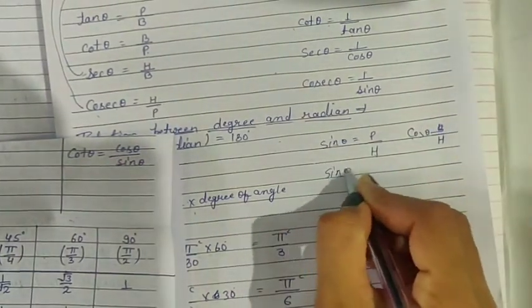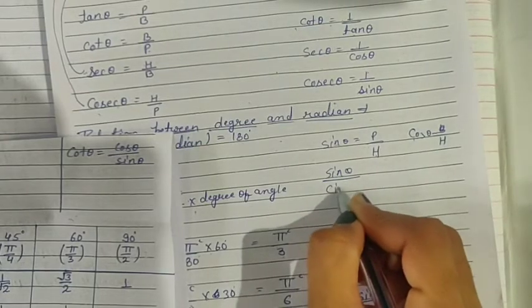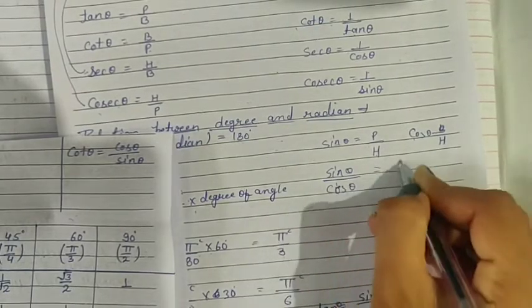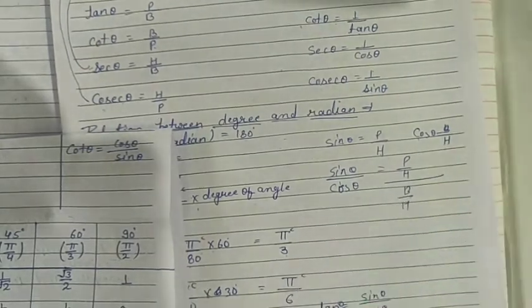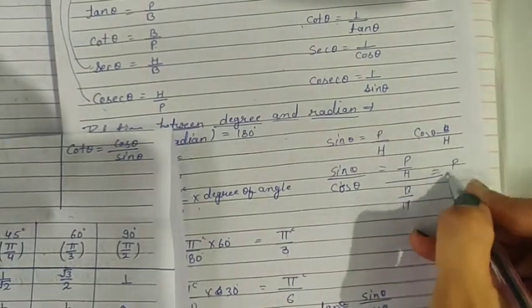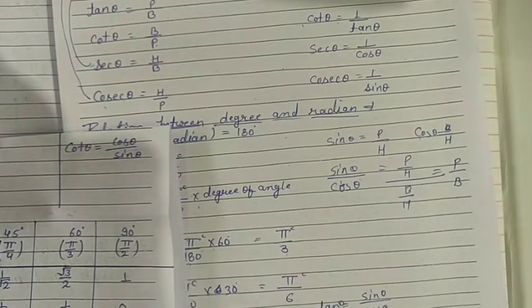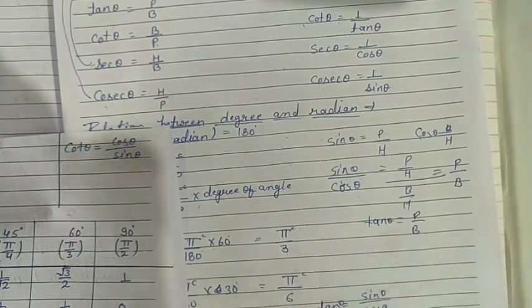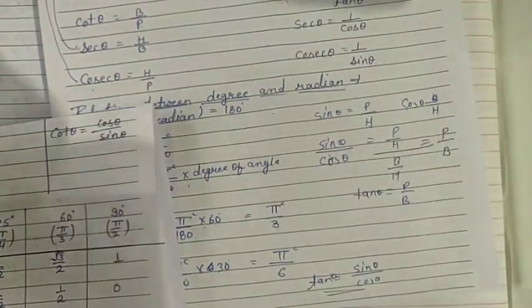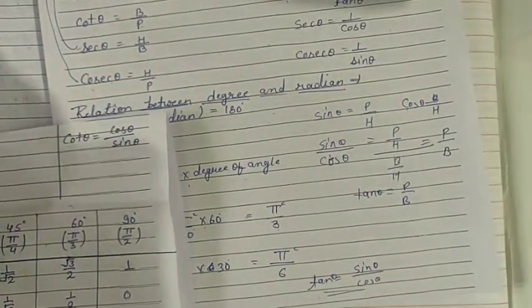When I divide sin theta by cos theta, then I get perpendicular upon hypotenuse upon base upon hypotenuse. So this is equals to perpendicular upon base, and tan theta is equals to perpendicular upon base. It means tan theta is equals to sin theta upon cos theta.